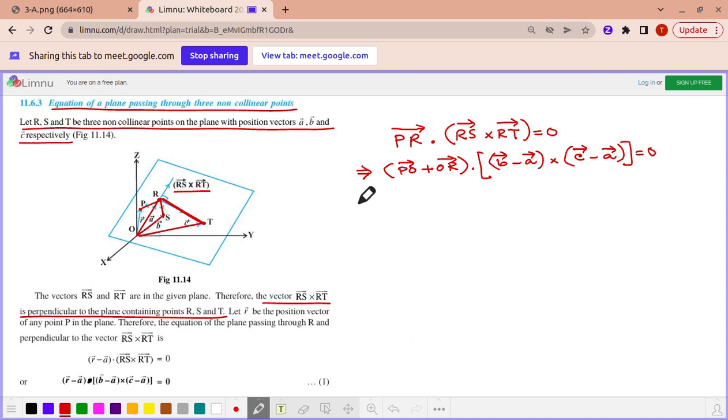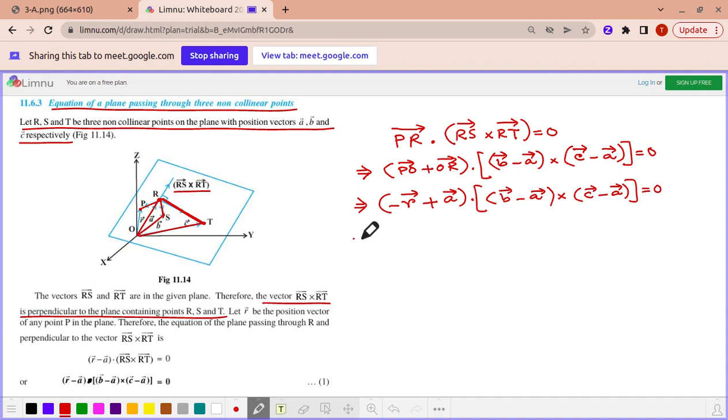Now, what is PO? The OP vector is R, that means PO vector is minus R vector, plus OR vector, which is nothing but A vector, correct. So that dot means this vector, minus R vector plus A vector, dot B vector minus A vector, cross C vector minus A vector, is equal to 0.